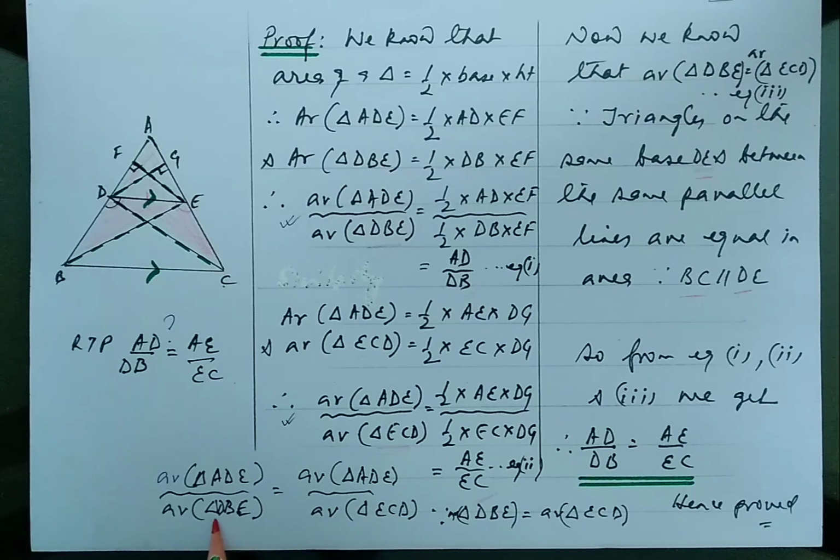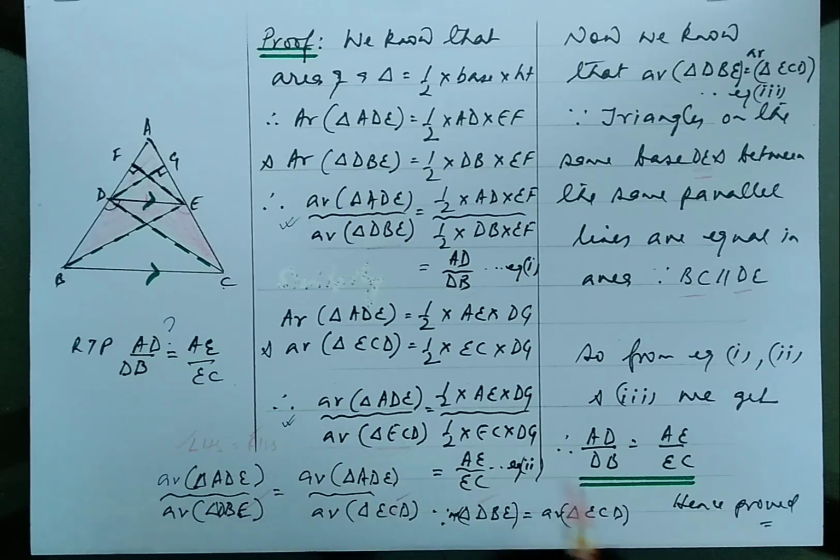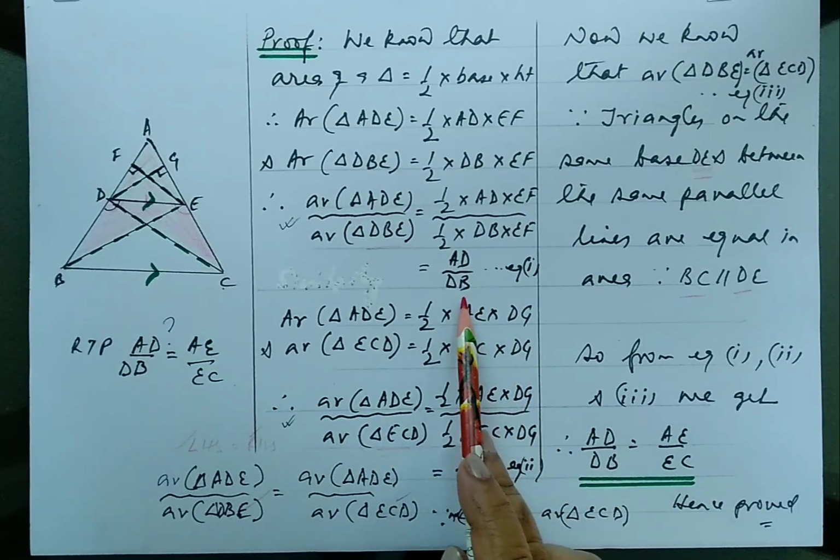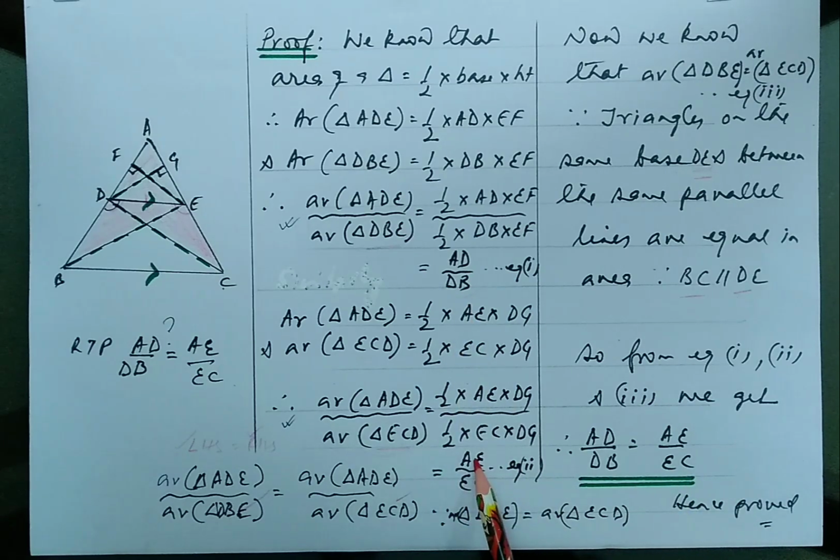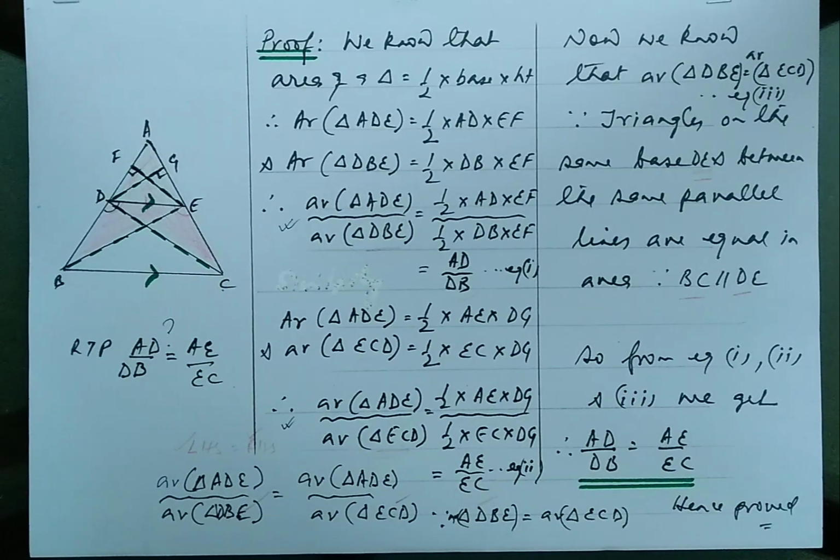They will be equal because this one is equal to this. As a result, RHS will also be equal, which means AD upon DB will be equal to AE upon EC. Okay, so understood. Next I am bringing the converse of the basic proportionality theorem for your understanding.